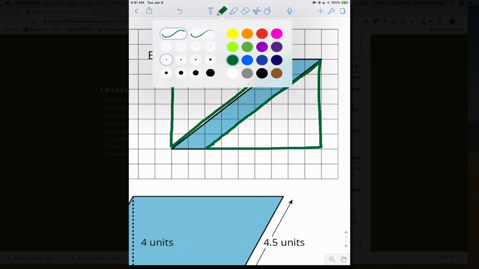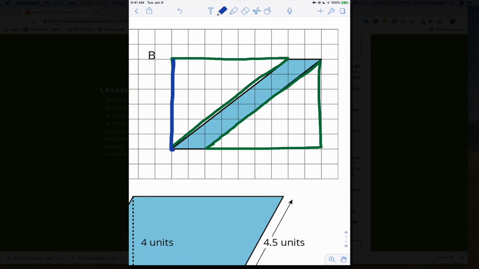Basically what I've created is a big, huge enclosing rectangle right here. I can see that it has a height of 1, 2, 3, 4, 5, 6, has a height of 6, and it has a width of 1, 2, 3, 4, 5, 6, 7, 8, 9, a width of 9 units, so the big enclosing rectangle has an area of 54 units.